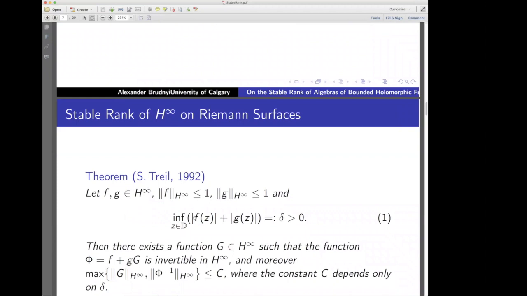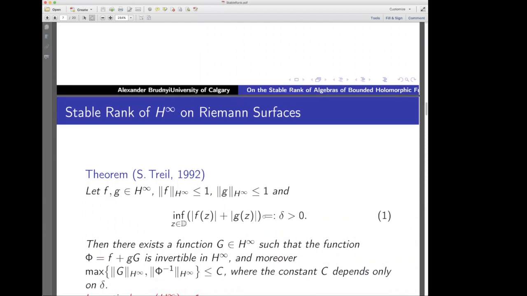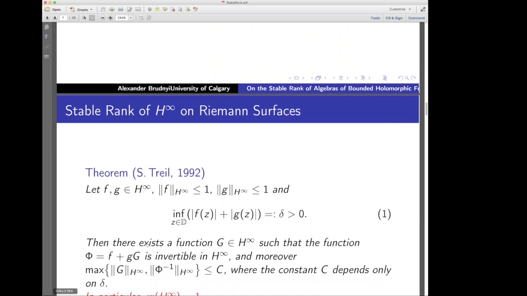And assume that we have the so-called corona condition, meaning that modulus of f(z) plus modulus of g(z) is more or equal than delta more than 0 for all z in the disk. Then the theorem states that there is a function G from H infinity such that the function f plus g times G is invertible in H infinity.